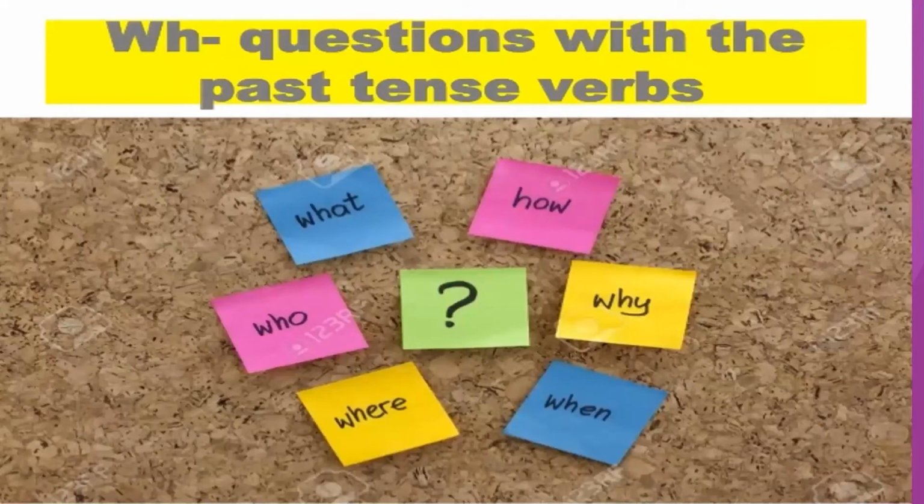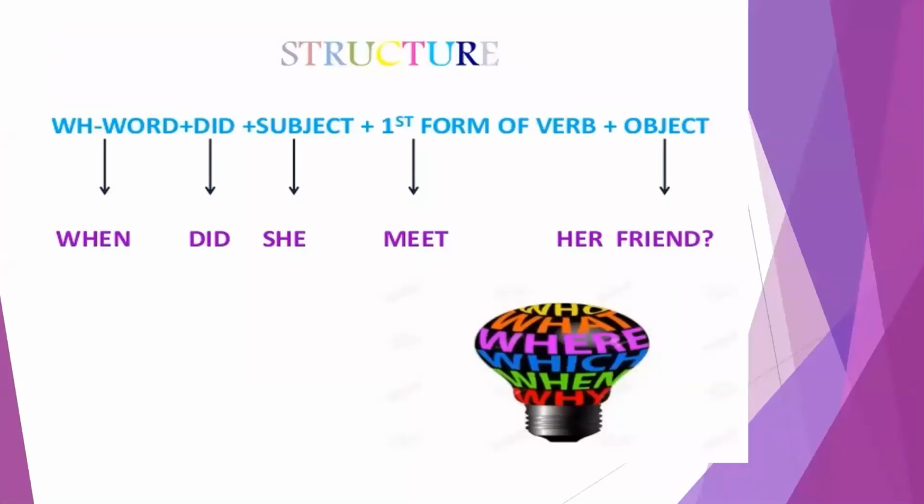So, as we have learned the positive sentences, negative sentences, and interrogative sentences of past tense, now we will learn how to make questions by using the past tense verb. WH words are what, who, how, why, where, when. So, to make questions from the past tense, first of all you should write WH word.